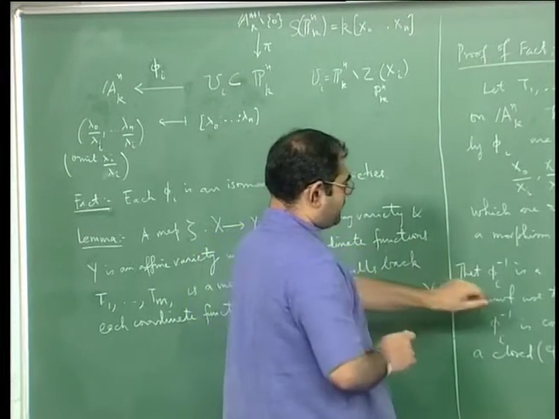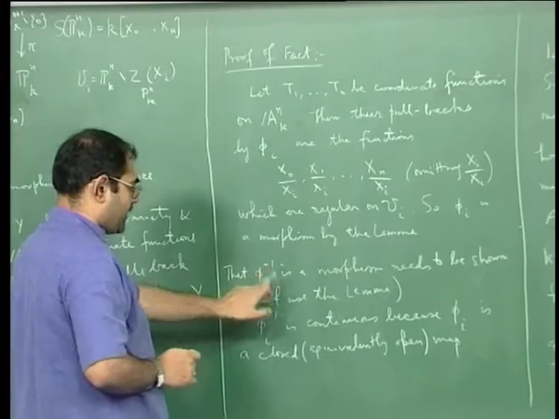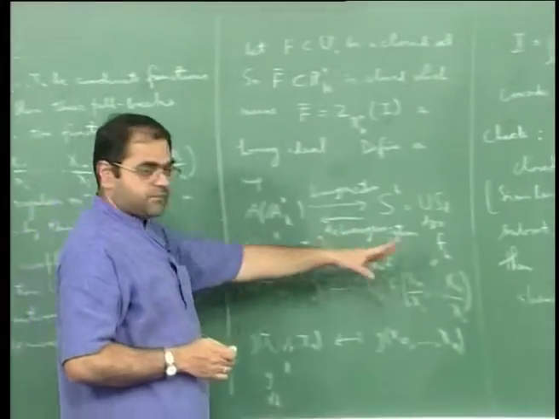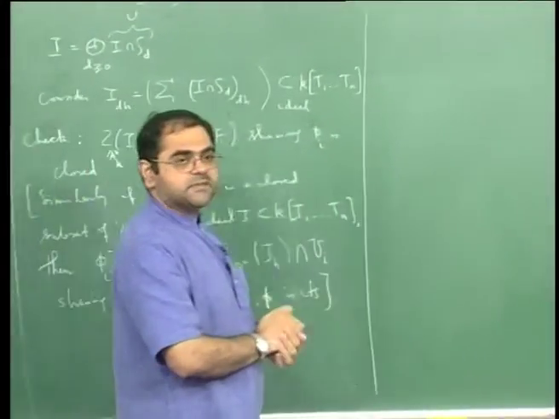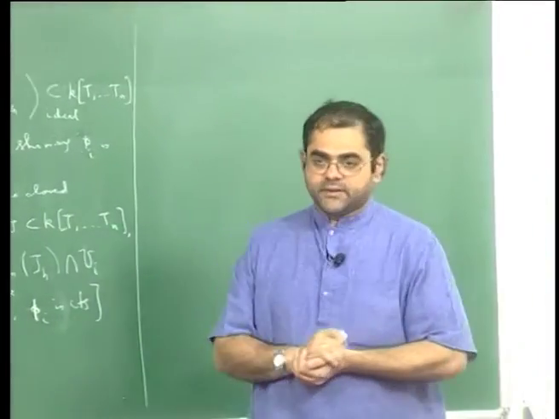I needed to check that phi inverse is a morphism. I have already checked that phi inverse is continuous. I will have to only check that phi inverse pulls back regular functions to regular functions.